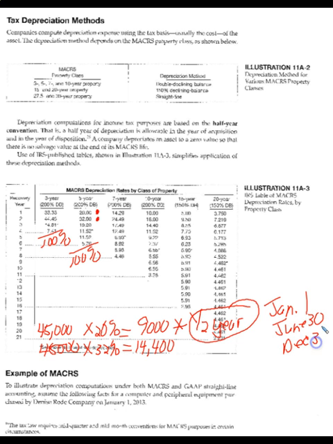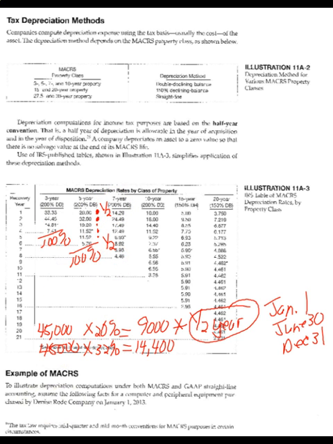It doesn't matter when I bought the asset, we'll get half a year's depreciation, even if we only owned it 1 day. Or we only get half a year if we owned it for 12 months, which doesn't seem real fair, does it? But that's just the tax law. It just makes it black and white. You don't get half a year whenever you bought it. So $9,000, and that's why we're going to go into 6 years, because we have half a year the first year, and then 1, 2, 3, 4, and then another half year for year 6 to total the 100%.